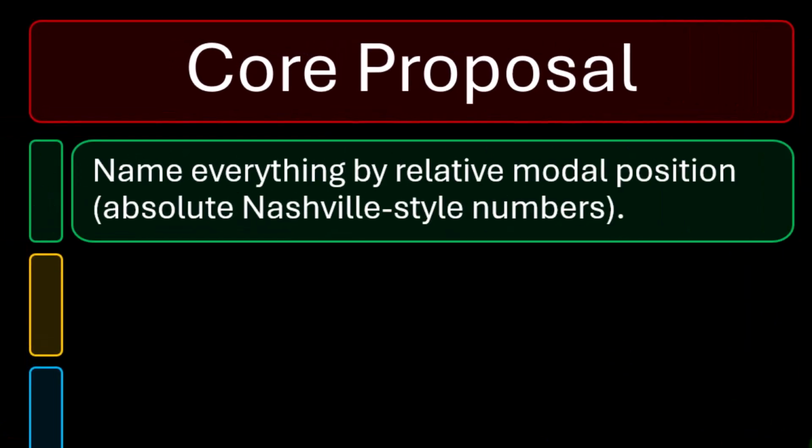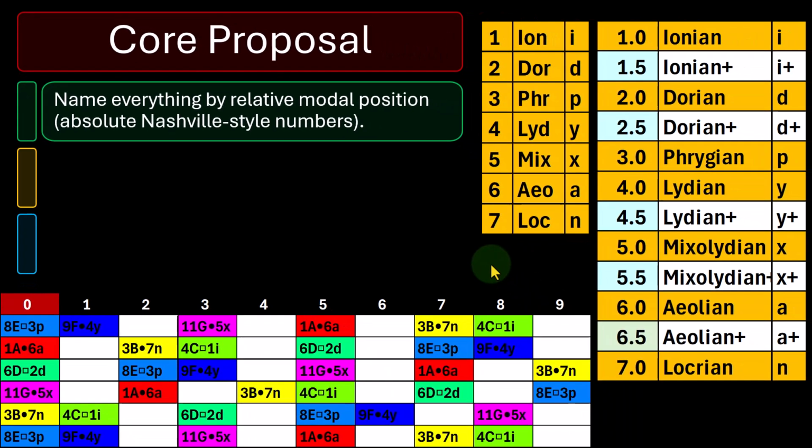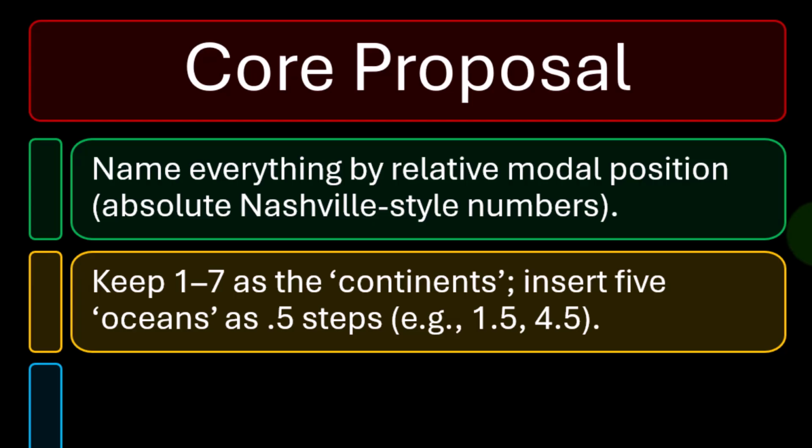So the proposal here: name everything by relative modal position, absolute Nashville style numbers. Now I'm using Nashville numbers. I don't want to get too technical on that, other than to say I'm giving an absolute numbering system of 1 through 7, and I want it to be absolute, meaning if I play in a different mode, I'm going to keep this same numbering system because it's the same collection of notes, just changing the tonic or the focal point or center of that collection of notes.